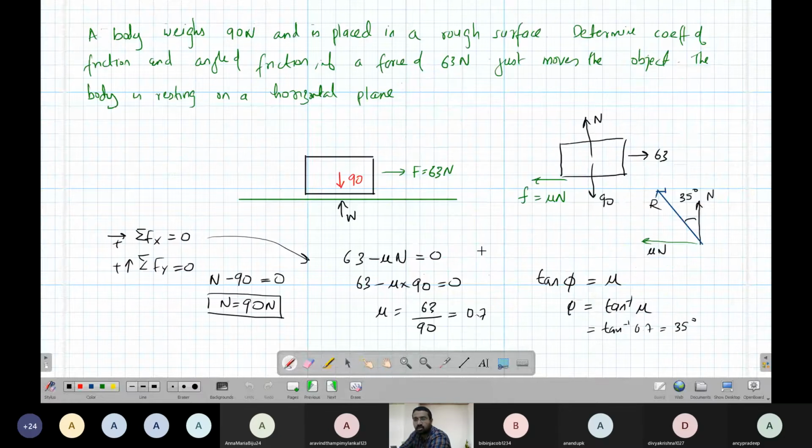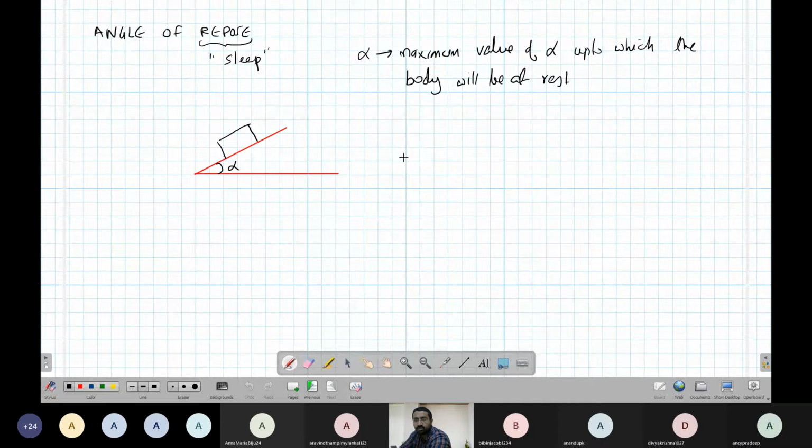Then we also talked about problem solving. Then we were talking about the angle of repose. The angle of repose is basically the angle at which a body starts to slide with its own weight on a rough surface.